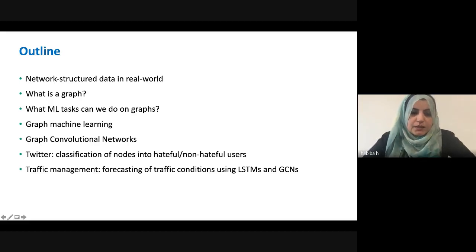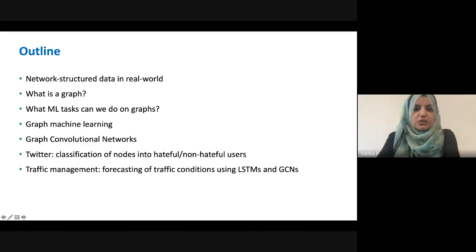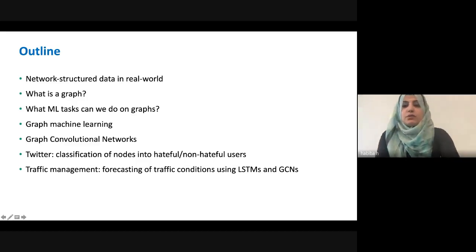I will walk you through two interesting examples. One is from Twitter about classification of nodes as hateful and non-hateful users, and then lastly I will talk about one of my very recent works with Transport for New South Wales, which is Sydney's main traffic management system, about building a system for them for forecasting traffic conditions using graph convolutions and LSTMs.